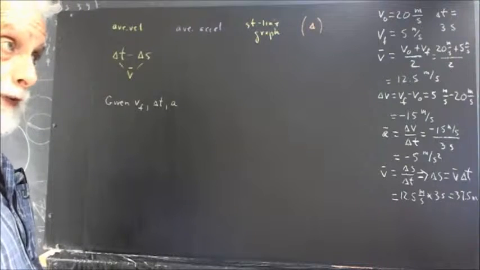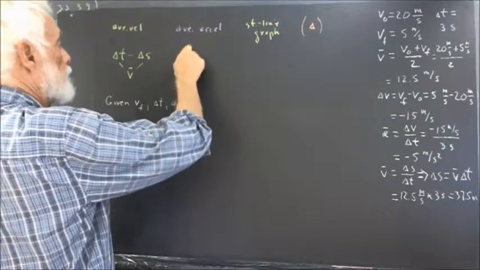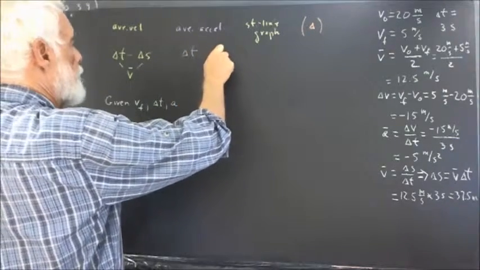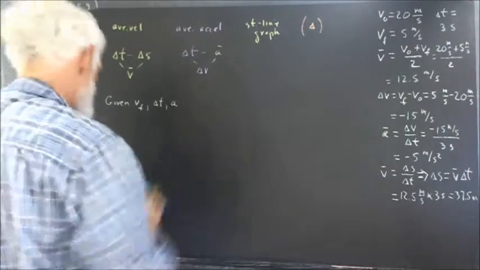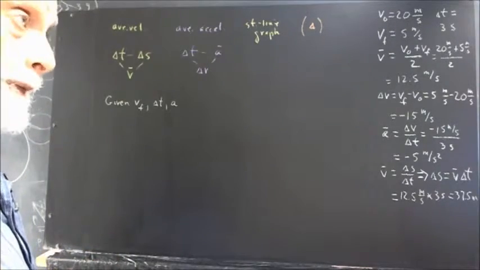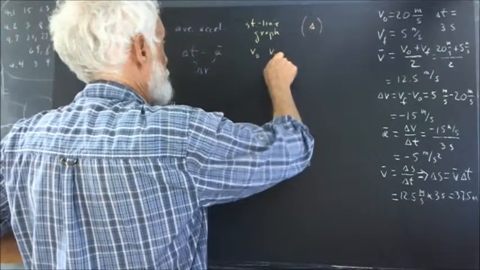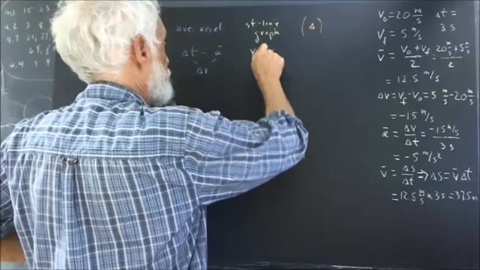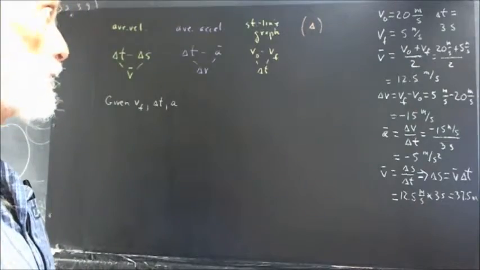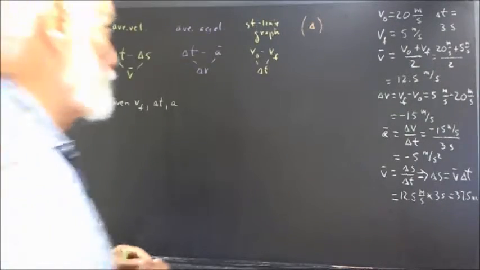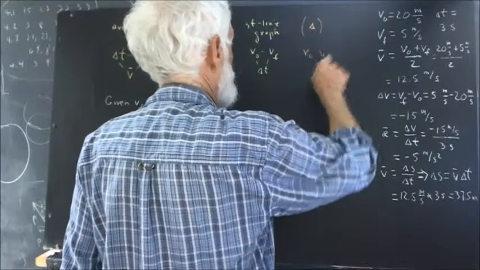Our definition of average acceleration gives us a relationship among delta T, A bar, and delta V. Our straight line graph tells us how V naught, VF, and delta T are related. And again, we need to think that through. Every time we do one of these problems, we need to think all that through until we really understand it. Okay, and our definition of delta just allows us to relate V naught, VF, and delta V.